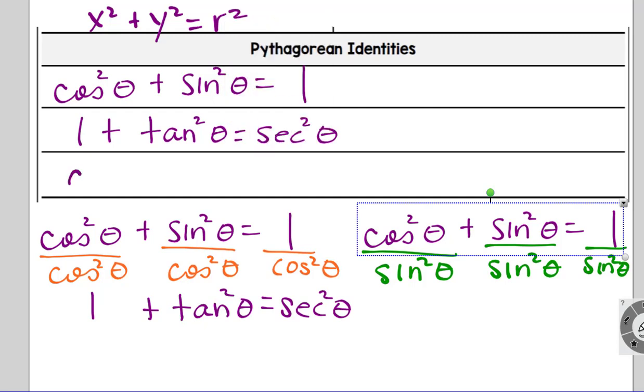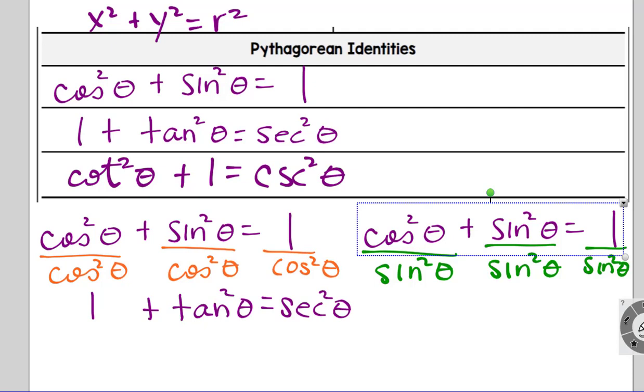Cotangent squared theta plus 1 equals, very good. Excellent. So those are our three Pythagorean identities. Everybody okay? Now these are really useful.